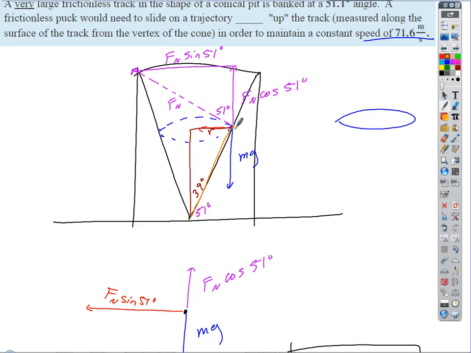If I call that x, and I know what r is, what's the trig ratio that relates opposite and hypotenuse? Sine is opposite over hypotenuse, tangent is opposite over adjacent. So sine of 39 degrees equals r over x, and r is the radius that we calculated. So I can solve for x.